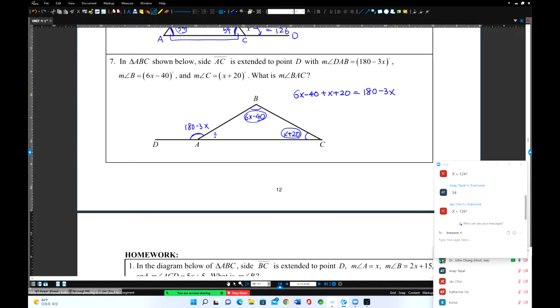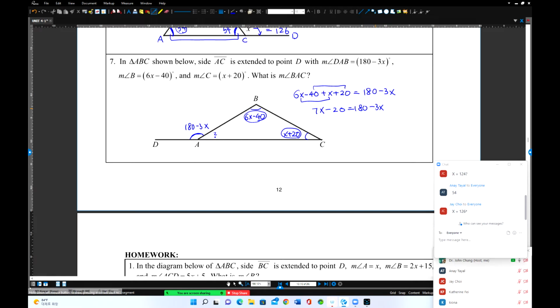Combining like terms, 7x minus 40 plus 20 is 7x minus 20, which equals 180 minus 3x.